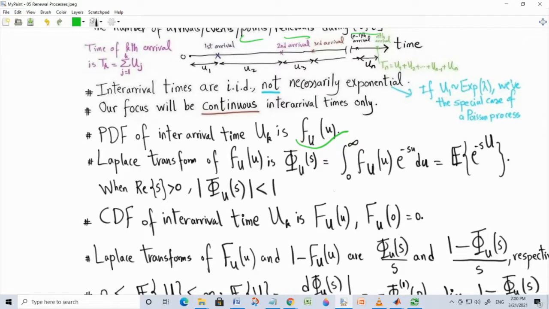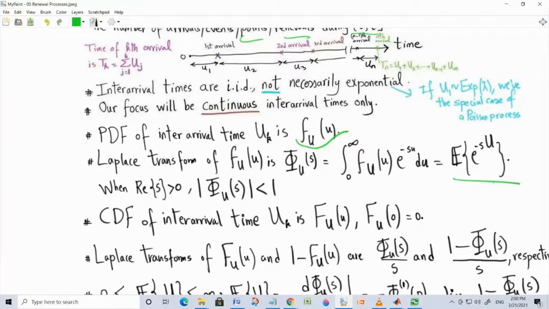So the Laplace transform is the expectation of e to the minus sU. S is generally a complex parameter. Expectation of e to the tU, with small t, is the moment generating function. But rather than using t, which is real valued, we will use minus s, and s is complex valued. And this is the Laplace transform.